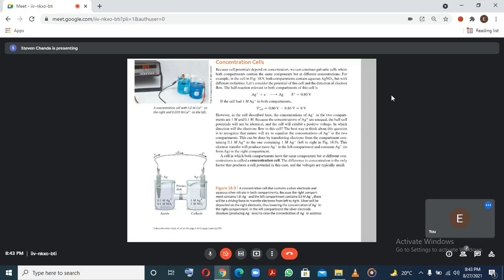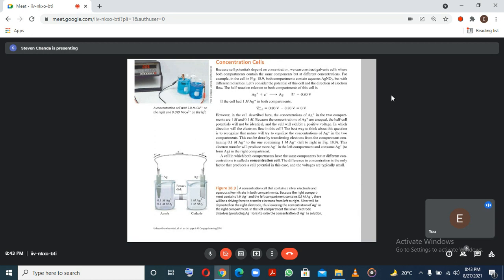So the electrons are going to flow from where there are few ions. As the copper on the left with a small concentration loses electrons, the copper 2 ion amounts are increasing. As they increase, the electrons go to the right to reduce the copper 2 ions, so on the right they are decreasing and on the left they are increasing.